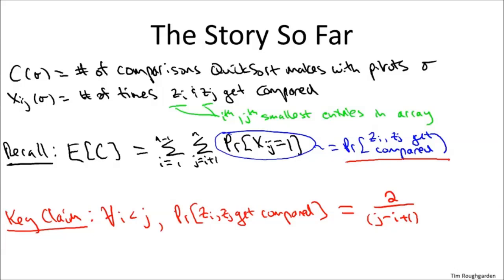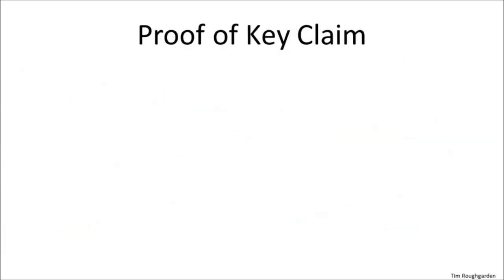So for example, for the third smallest element and the seventh smallest element, it would be exactly 40% of the time, 2 over 5, that those two elements would get compared if you ran quicksort with a random choice of pivots. And that's going to be true for every i and j. The proof of this key claim is the purpose of this video.